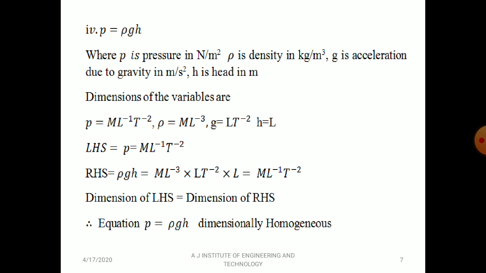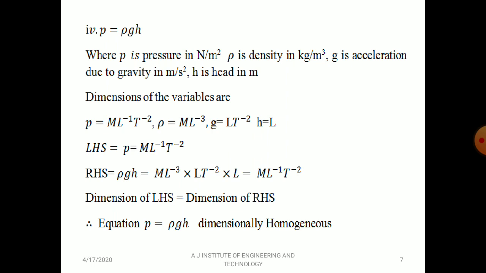So let's write down the dimensions of the variables. I already explained the dimension of pressure in the previous problem, so no need to explain again here. Pressure is M into L to the power minus 1 into T to the power minus 2. Then rho is M into L to the power minus 3, G is L into T to the power minus 2, and H is L.